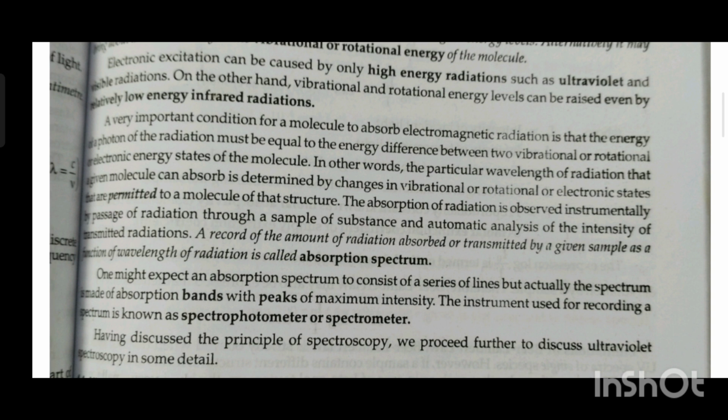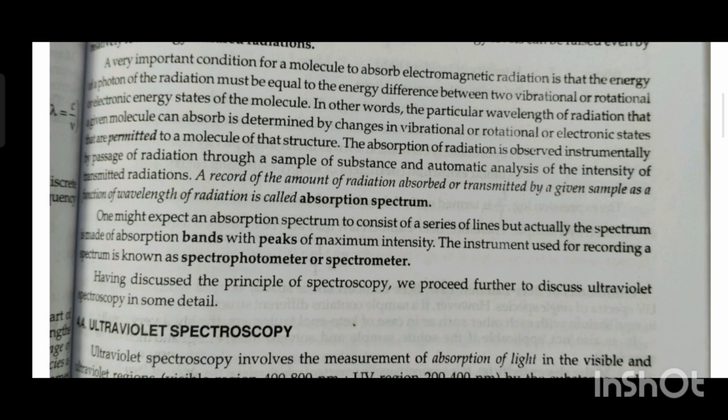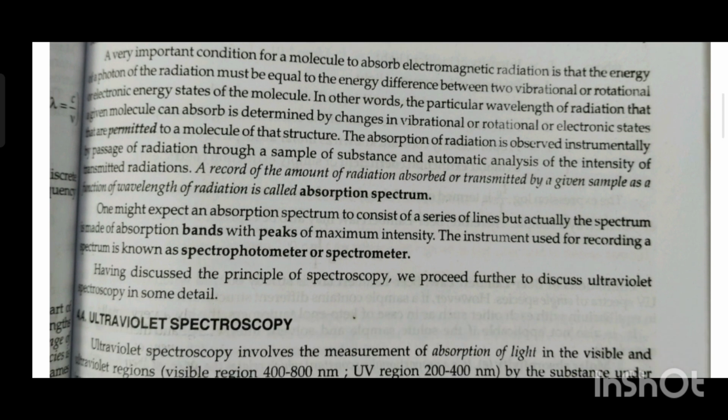One might expect an absorption spectrum to consist of a series of lines, but actually the spectrum is made of absorption bands with peaks of maximum intensity. The instrument used for recording a spectrum is known as a spectrophotometer or spectrometer.